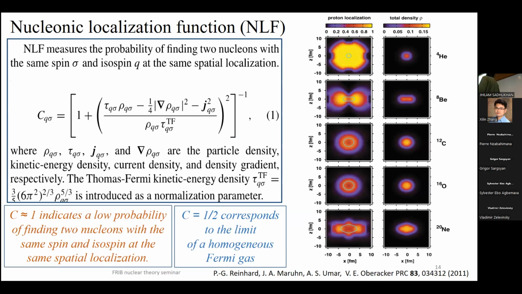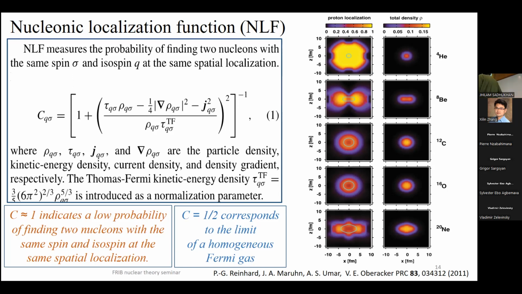And here, this is compared with the density distribution. In these panels, the right ones are the density distribution, and the left one is the NLF distribution. We can see that especially for 8 beryllium, the density has an elongated, football-type shape. But if we look into the NLF distribution, we can really identify two alpha clusters inside this beryllium.